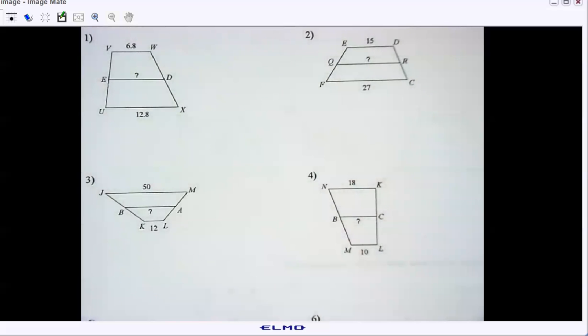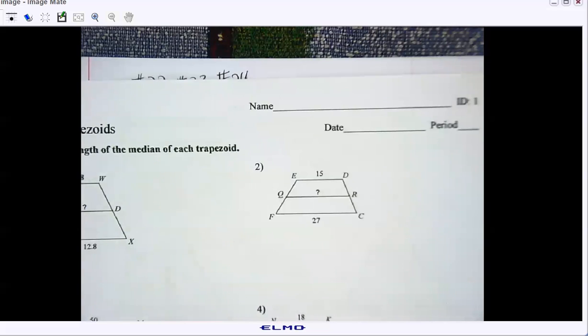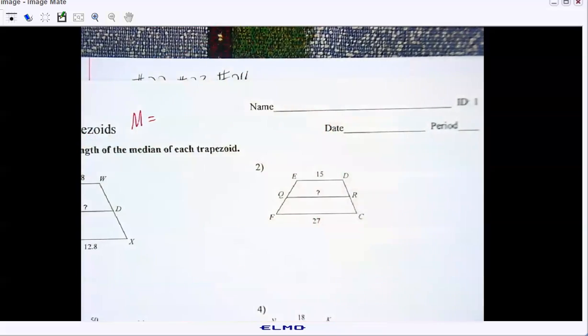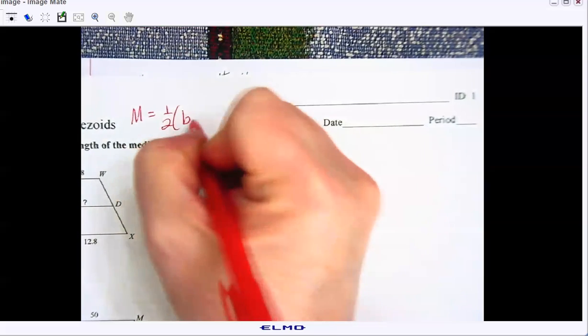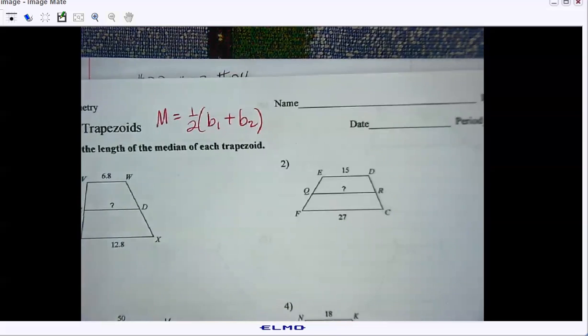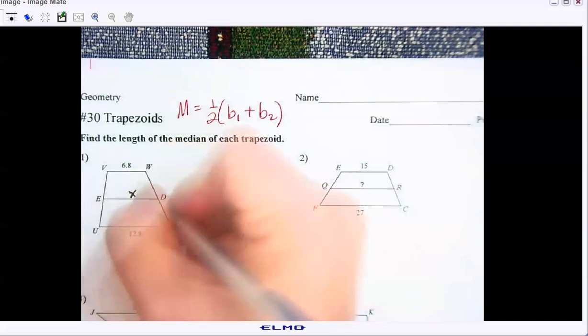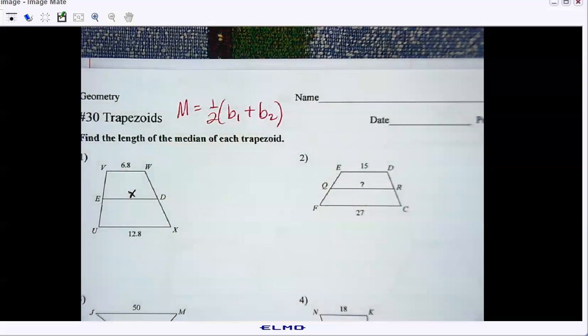Okay. So let's run through these. We're going to put our formula up at the top. So median, or M, is equal to 1/2 B1 plus B2. And you can call these X, or you can call them M for median, if that makes you feel better.